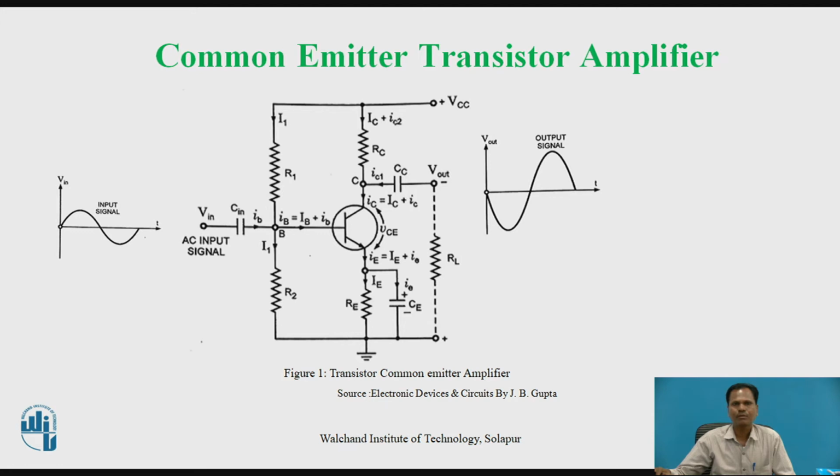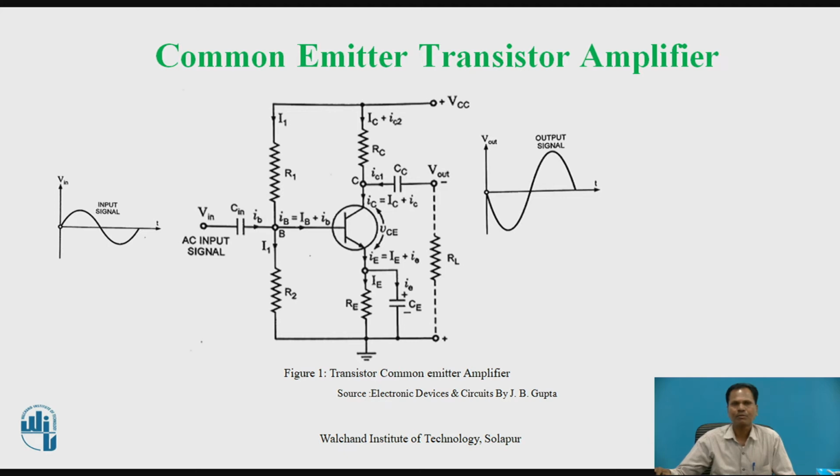The resistor connected in the collector terminal, RC, is the collector current limiting resistor, and the resistor connected in the emitter terminal, RE, limits the amount of emitter current IE. This emitter resistor RE is bypassed using an emitter bypass capacitor CE. So, three capacitors are connected in this common emitter transistor amplifier, and those are used to isolate AC signal and DC signal in the amplifier circuit.